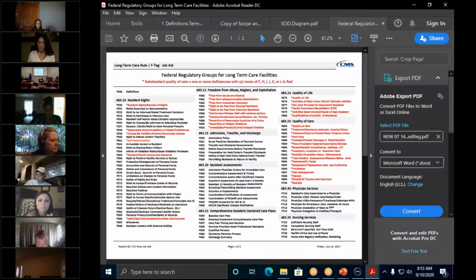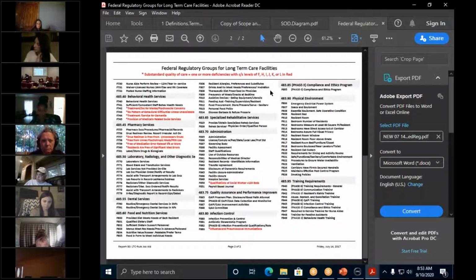And all the ones in red that are F, H, I, J, K, or L, if they're cited at that scope and severity, then they are substandard quality of care. There's a backside to this also, and it outlines all those tag sets that were in the middle and has the name of the tag. And that's for easy reference.